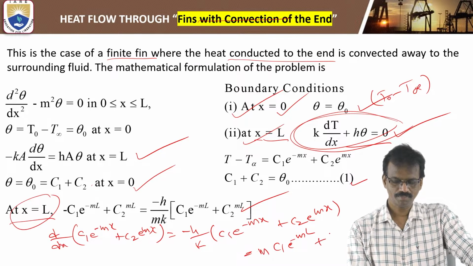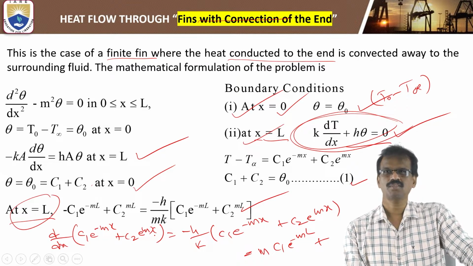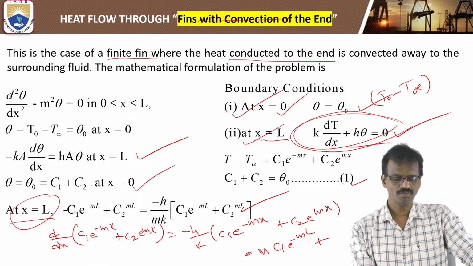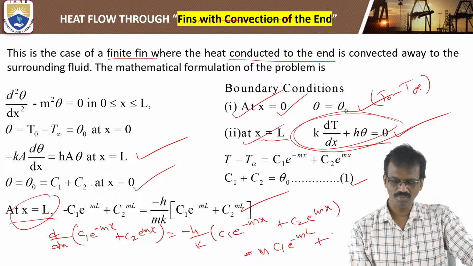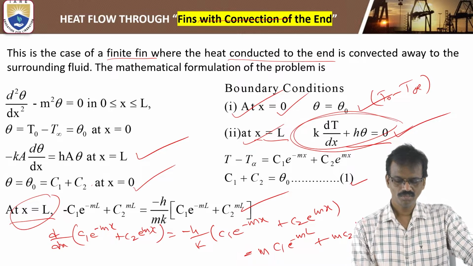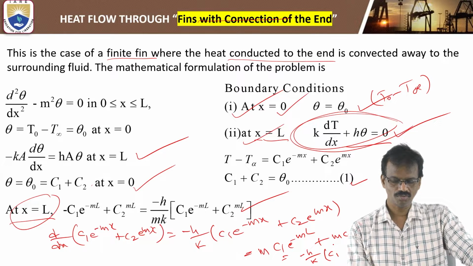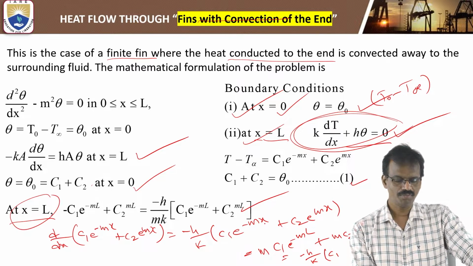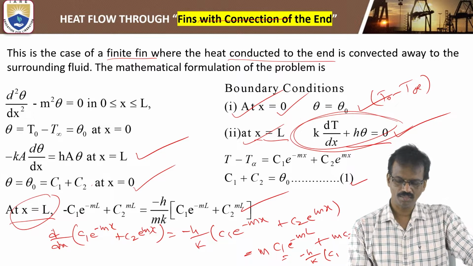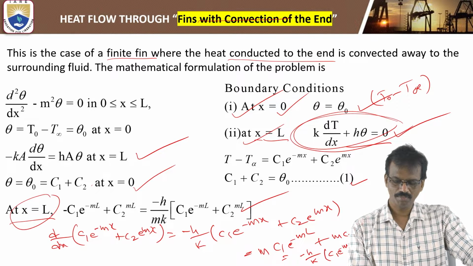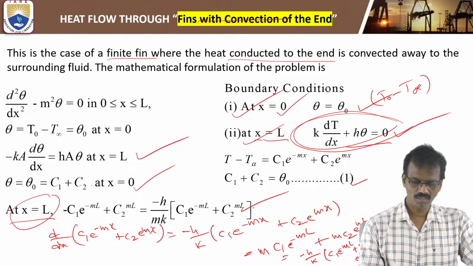Plus the derivative of e to the power of mx, where m comes before: m into c2 e to the power of ml. This is equal to minus h by k into c1 e to the power of minus ml plus c2 e to the power of ml, substituting x is equal to L.